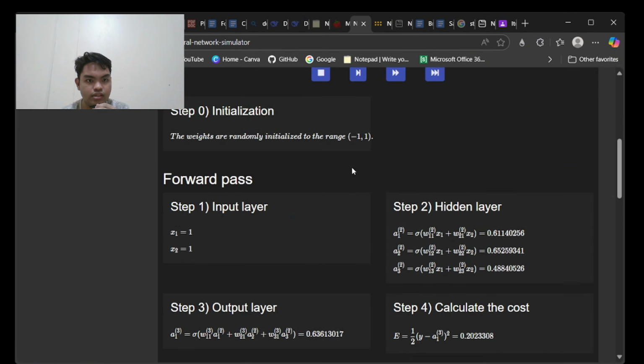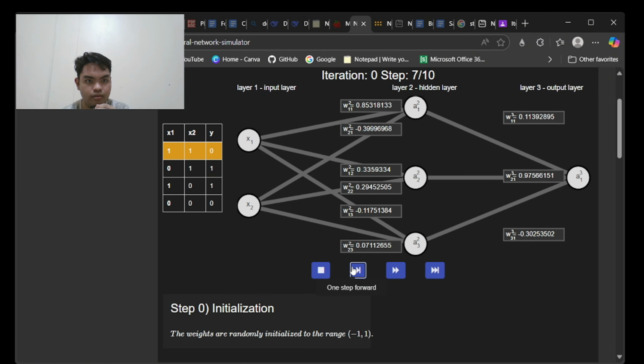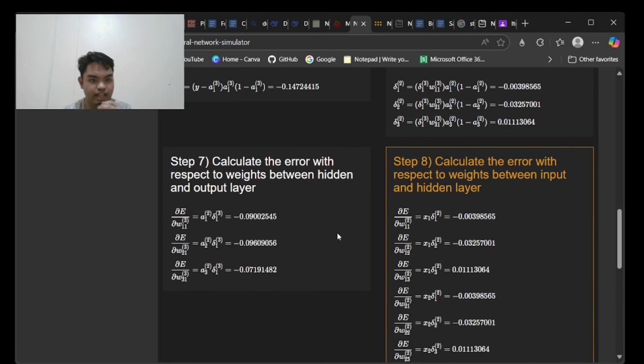Same with our steps 7 and 8. In step 7, the error with respect to the weights between hidden and output layers is 0.09, 0.096 and 0.07, some of them negative.